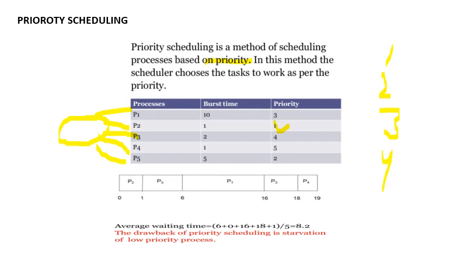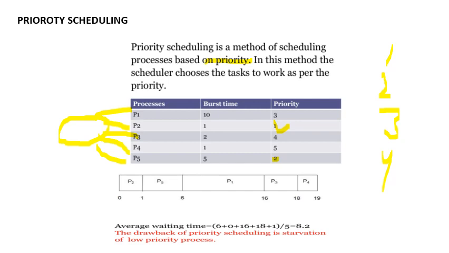Its burst time is 1 millisecond, so it executes for 1 millisecond. After that, which process has the next priority? Priority 2 is there, so process P5 has the second priority. Next, process P5 will execute, and the total burst time it requires is 5 milliseconds, so it executes up to 5 milliseconds and then exits.